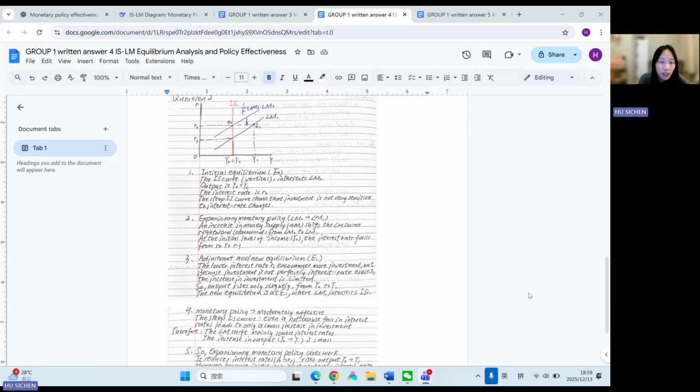However, because investment is not very sensitive to interest rate changes, the increase in investment and output is relatively small. Therefore, the diagram shows that while expansionary monetary policy is effective in lowering the interest rate, its impact on output is limited when investment is not perfectly interest rate elastic.